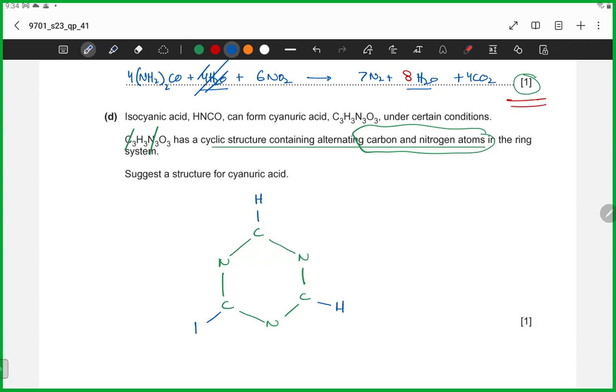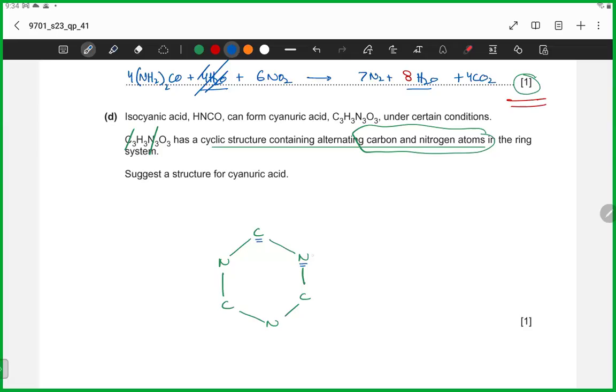Let's say this is 3 hydrogens, right? So the carbon bonds are still not complete. The carbon is supposed to have 4 bonds. And the nitrogen is supposed to have 3 bonds.